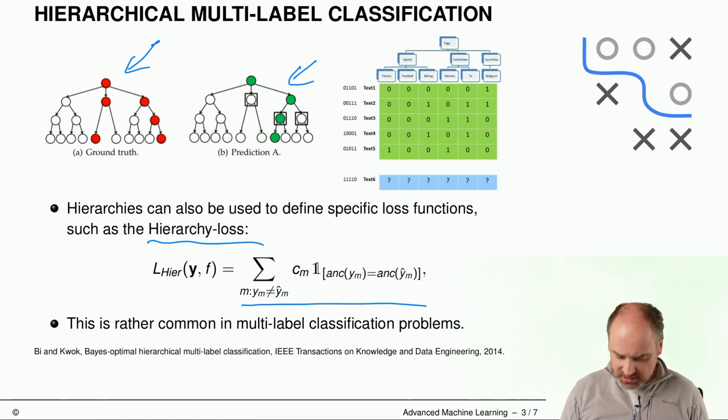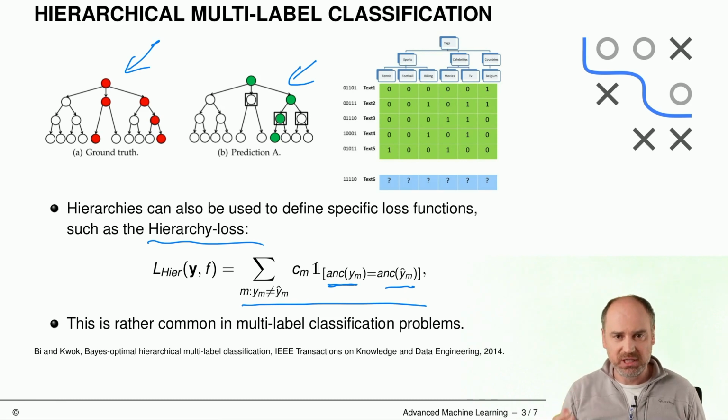We will only sum up errors where the ancestors of the cell, so in a tree this is going to be a single one, do agree. The reason for that is we do not want to count an error if we have already done something wrong in prediction further up above. We do want to count an error if it appears, in a certain sense, for the first time in the path down the tree.